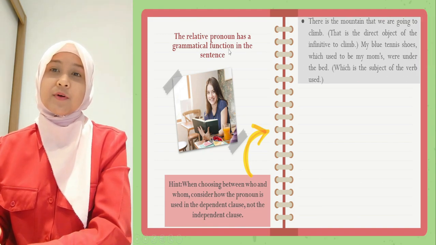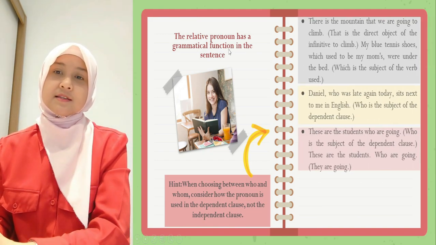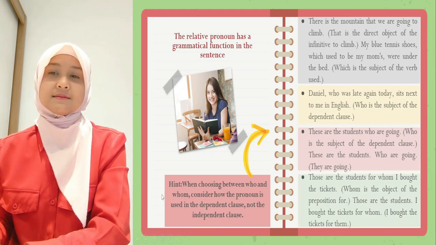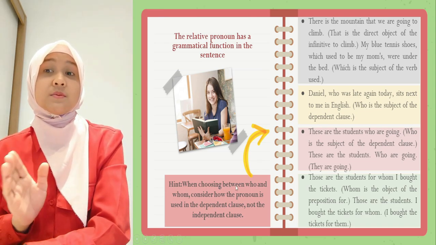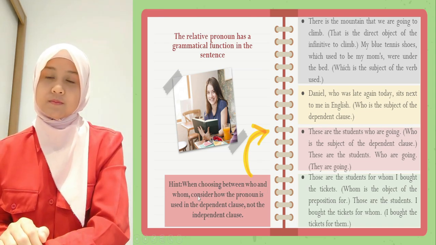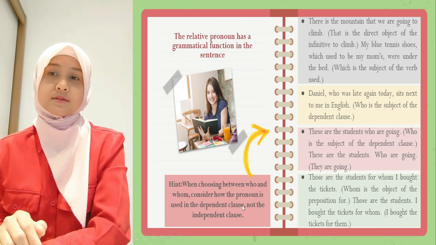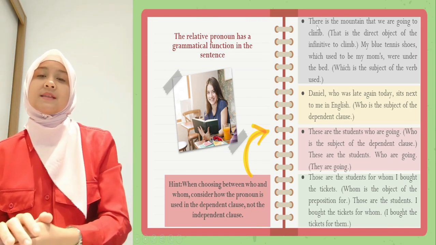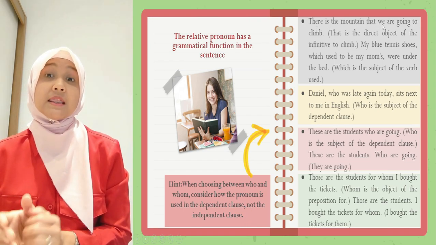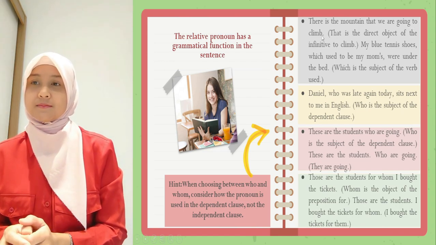The relative pronoun has a grammatical function in a sentence. The hint: when choosing between who and whom, consider how the pronoun is used in the dependent clause, not the independent clause. The example: there is a mountain that we are going to climb.